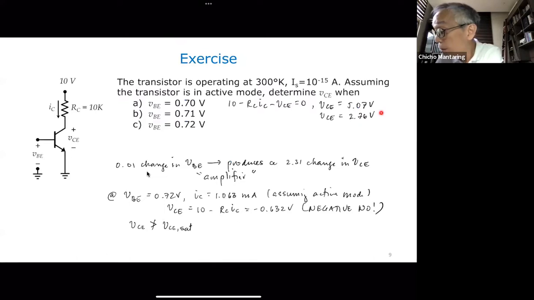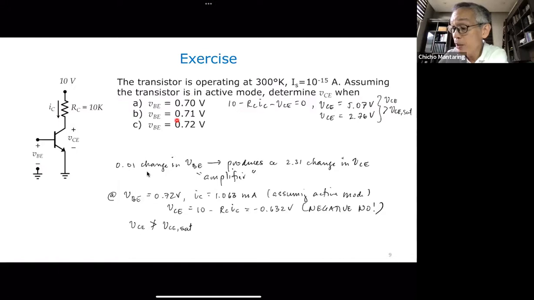Hindi kagaya dito, no? In both these cases, VCE is greater than VCE SAT. Remember, you know that your transistor is in active mode if VCE is greater than VCE SAT and your base emitter is forward biased. Now we know that this is forward biased, okay?